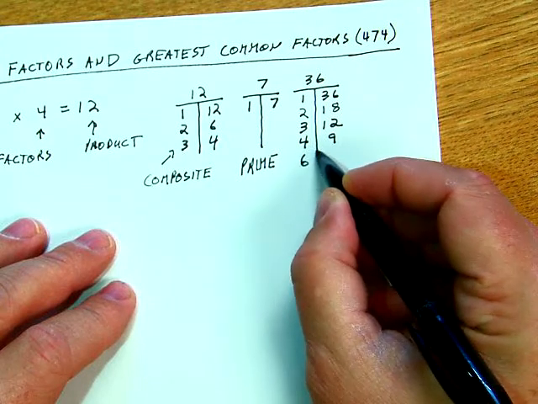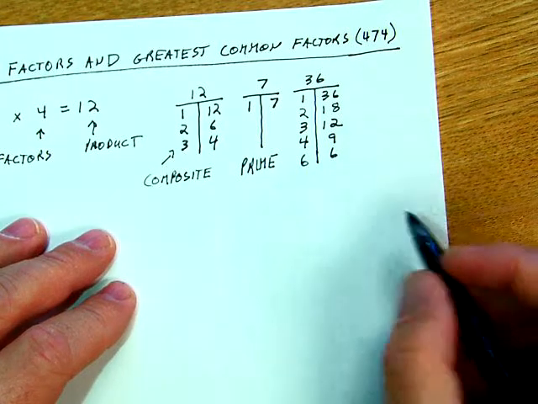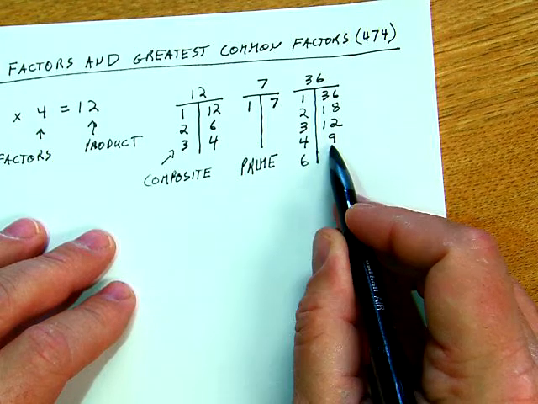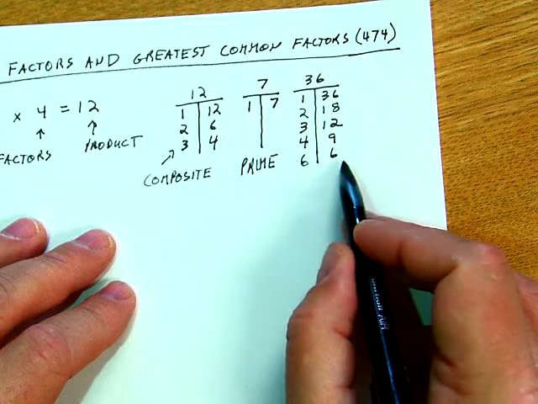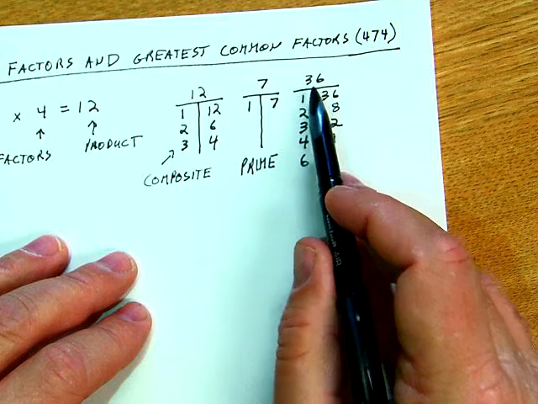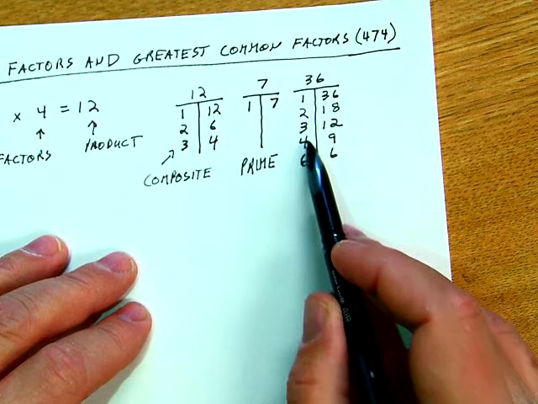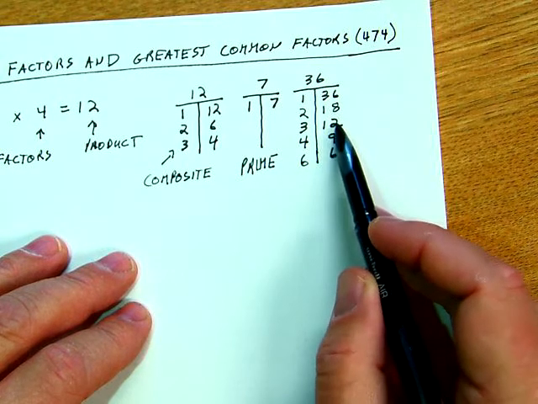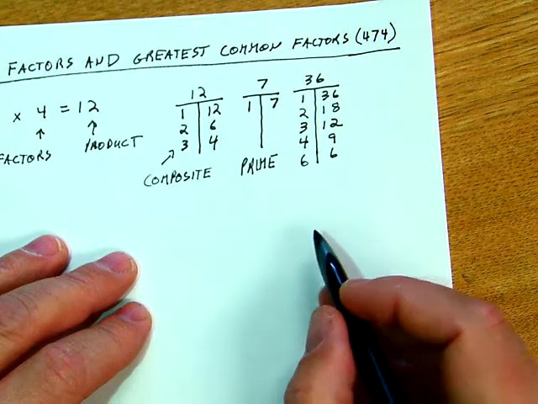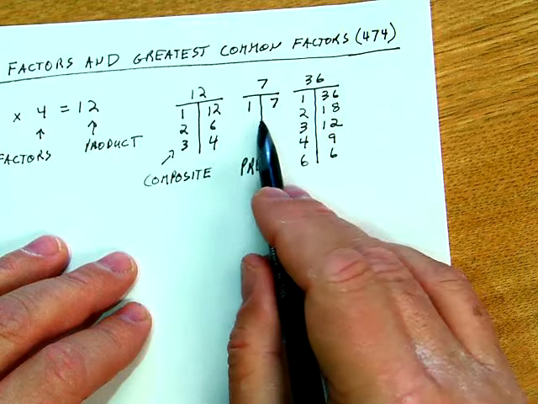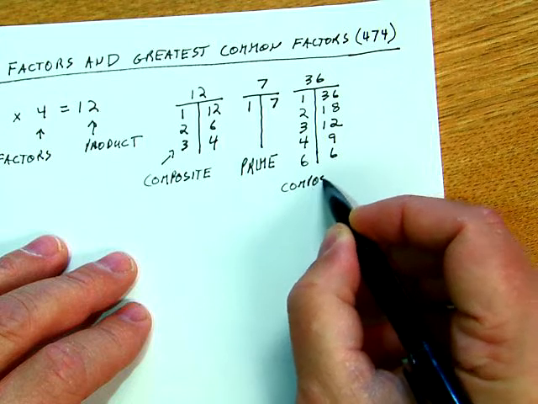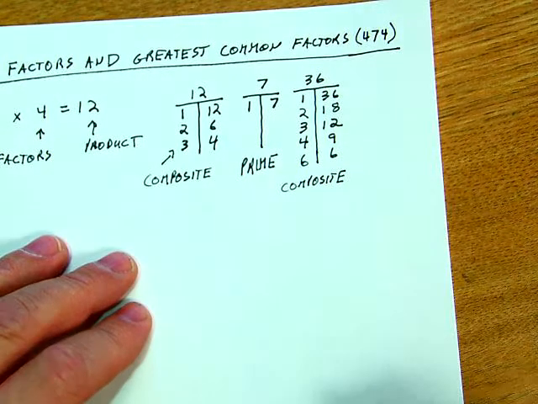Yes. 6 and 6. And now this number is equal to or bigger than the number here, so I know I'm done. And so my list of factors of 36 are 1, 2, 3, 4, 6, 9, 12, 18, and 36. And because this has more than just the one pair of numbers, this is a composite number.